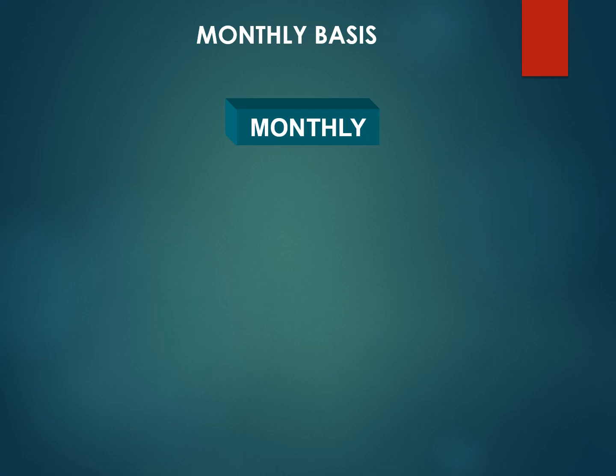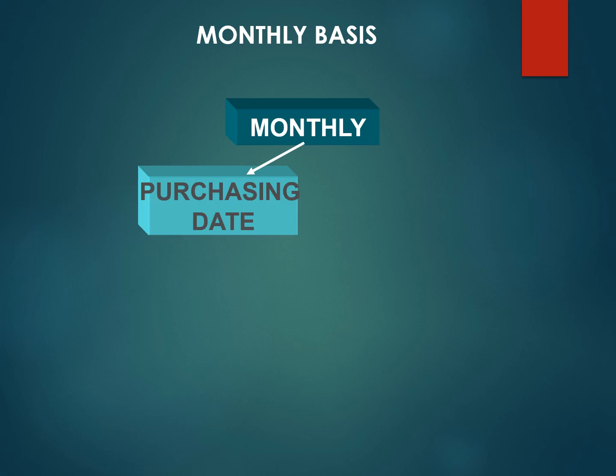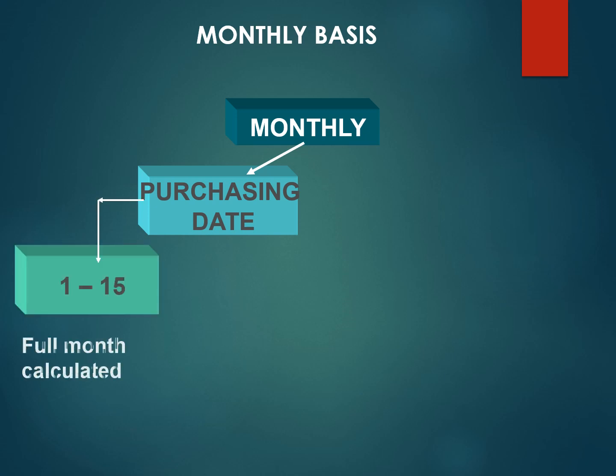In monthly basis, it's quite detailed in calculating the depreciation because it depends on the date in the current purchasing month. If we buy or purchase the fixed asset any date from 1 to 15 in that particular month, so we declare is 1 month's depreciation.